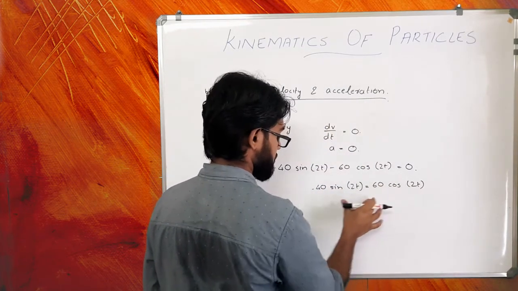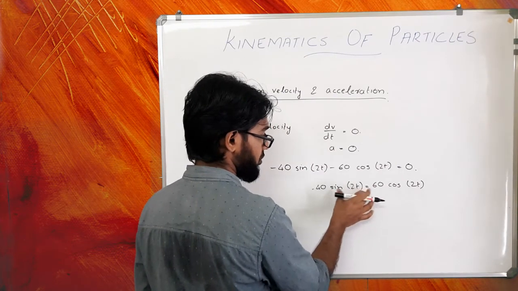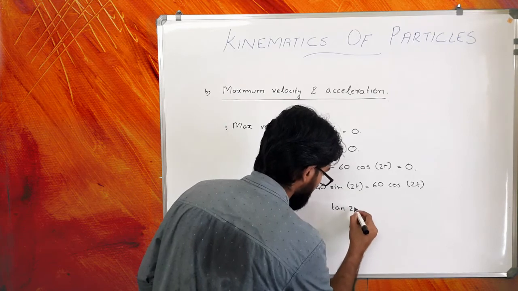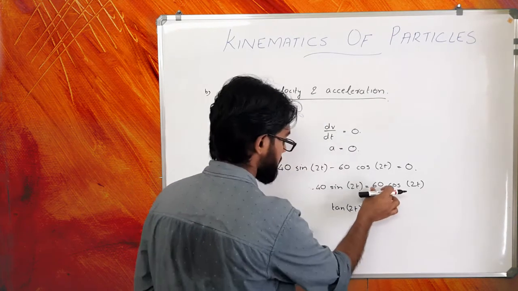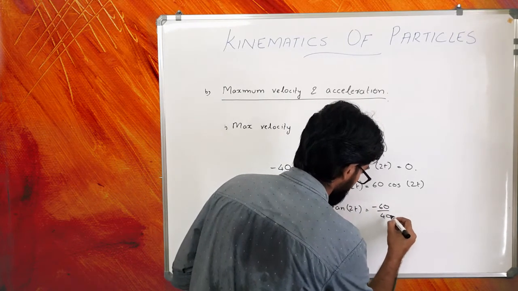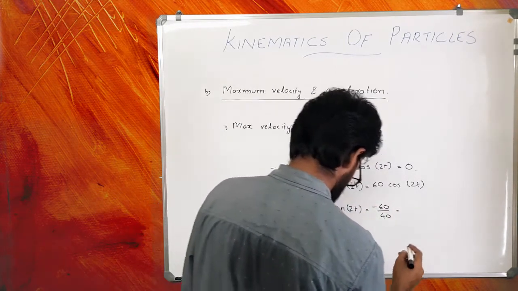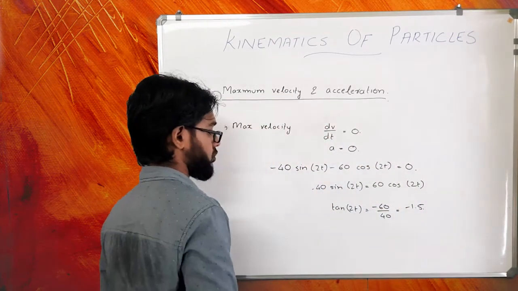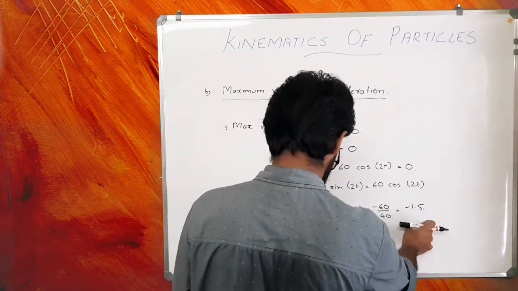Now I can bring the cos 2t down here. So sin 2t by cos 2t will give me tan 2t. Now minus 60 by 40, which will be equal to minus 1.5. So tan 2t equals minus 1.5.